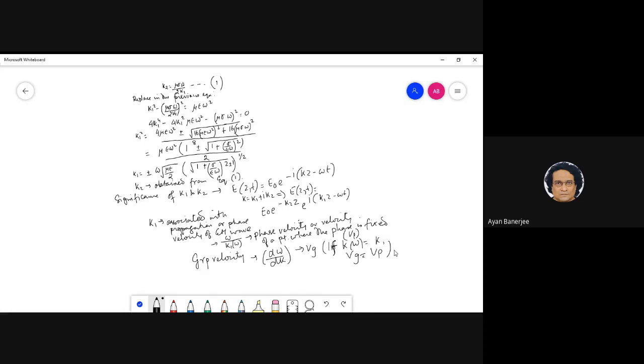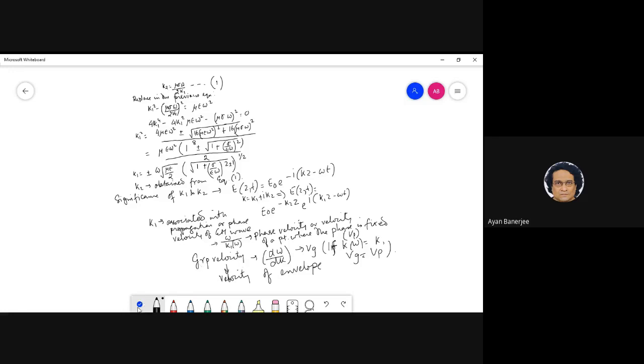So signals will get broadened and all that. Different frequency signals will have different velocity, so basically the center will get broadened. So this is essentially the velocity of the envelope. And envelope only, of course, comes in when there are many frequency components. If there is only a single frequency component, then there is no meaning of saying envelope. The phase and group velocity are the same.